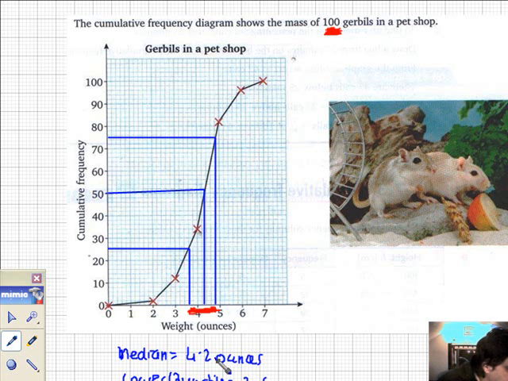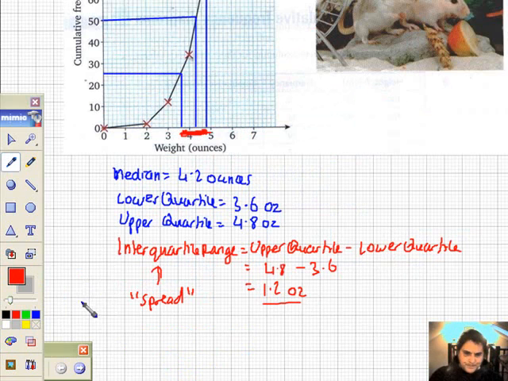Next one, it says use the diagram to find the percentage of gerbils who are under 2 ounces. And it's going to be quite hard to read that. Under 2 ounces, well, 2 ounces is that. If you read across there, these little squares go up in 2, so I think it's about 2 across there, ever so carefully.